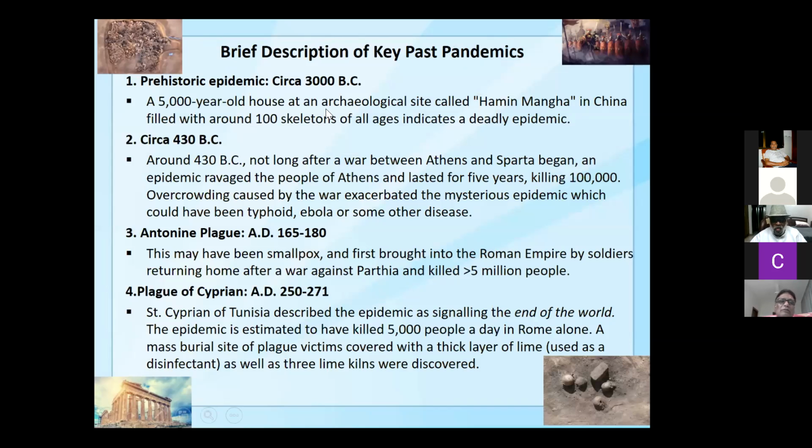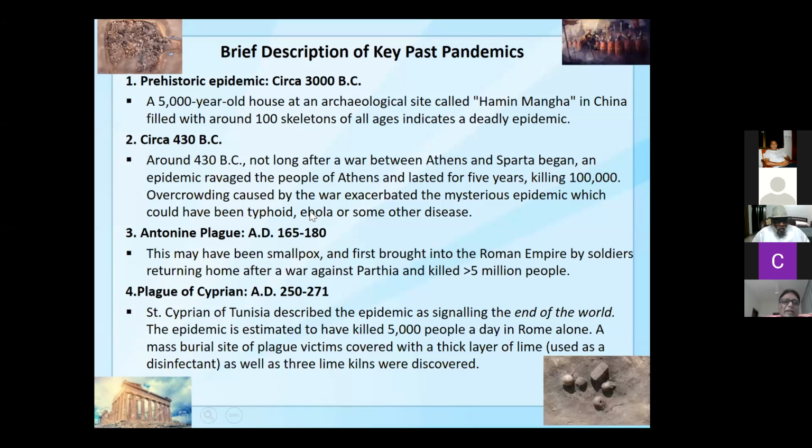As I said, 3000 BC, which means a 5,000-year-old house, was found in a place called Hani Manga in China. And they found in this house 100 skeletons of all ages. That means there must have been a huge gathering of people there, and they all probably died of a deadly epidemic.